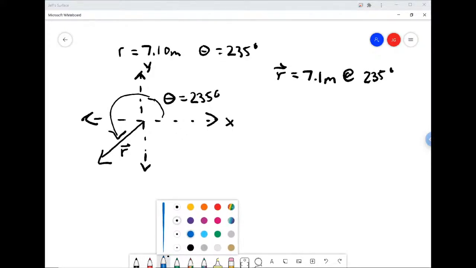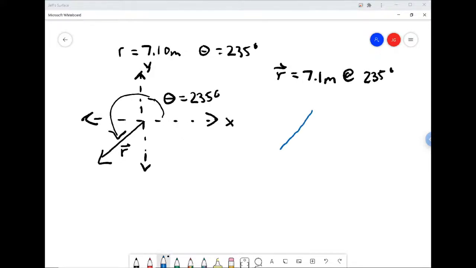All right, but last time we talked about the fact that you can resolve a two-dimensional vector into a y component and an x component, and you can do that using trigonometry.